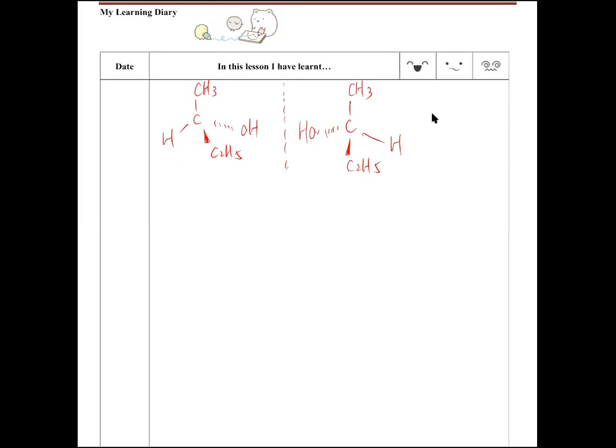And then you will find out that, without the plane, if you change the position of any 2 groups, you would be able to get an enantiomer of the original one. So other than changing the position of this ethyl group and hydroxyl group, if you swap the hydrogen with a methyl group, you also get an enantiomer of this molecule.